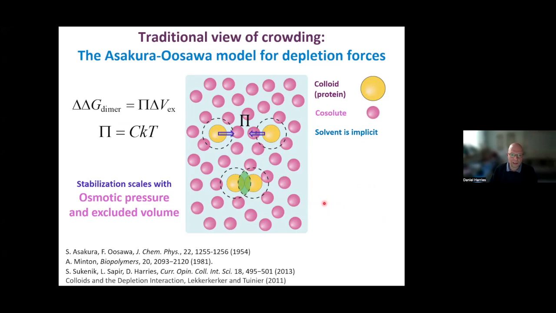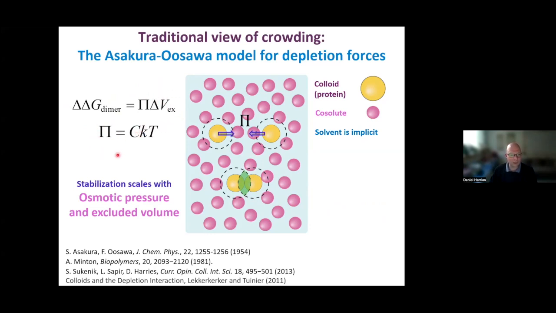And so this can also be translated to a picture whereby we think about the favorable free energy as being just the product of the osmotic pressure that pushes these two spheres towards each other and the change in excluded volume.